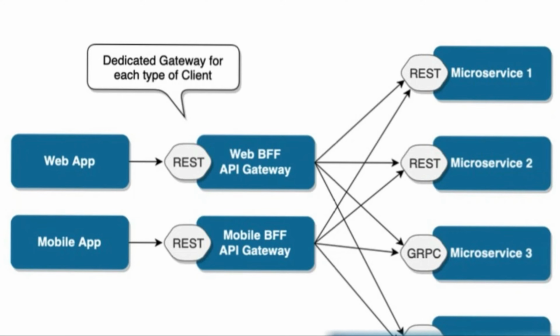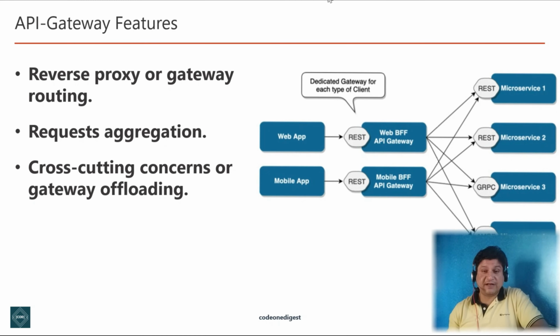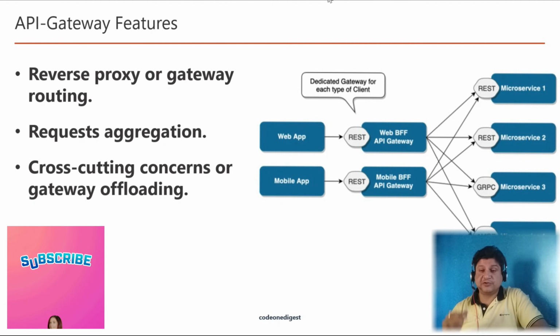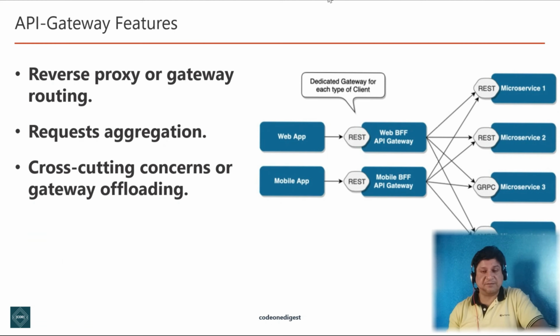With this approach, the client app sends a single request to API Gateway, then API Gateway dispatches the several requests to internal microservices and then aggregates the result from all the microservices and send it back to the client application. The main benefit and a goal of this design pattern is to reduce the chattiness between the client applications and backend API.